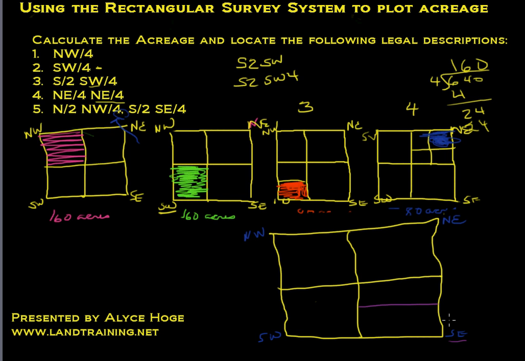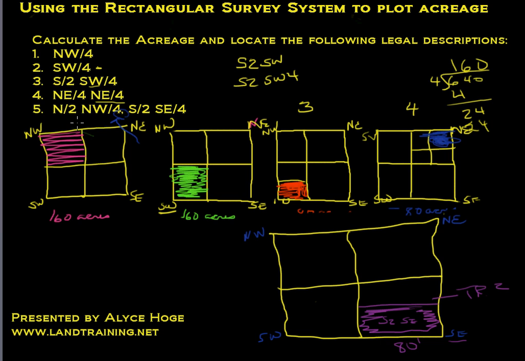So this would be the south half of the southeast. Okay, so we know that's 160 divided by 2, and that's going to be 80 acres for that tract. That's going to be tract 1, or it could be tract 2.